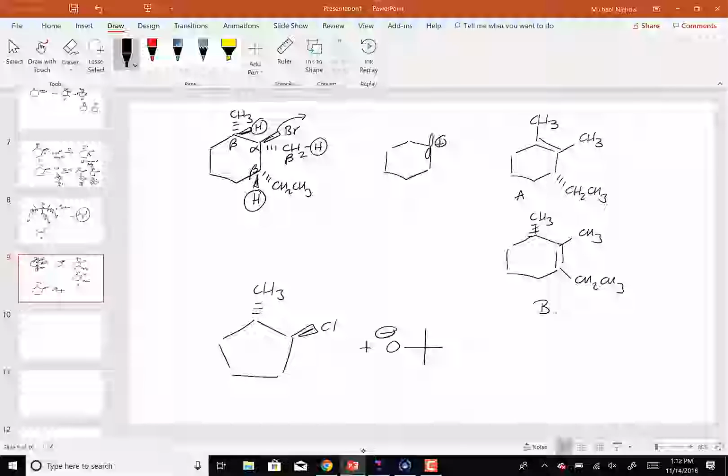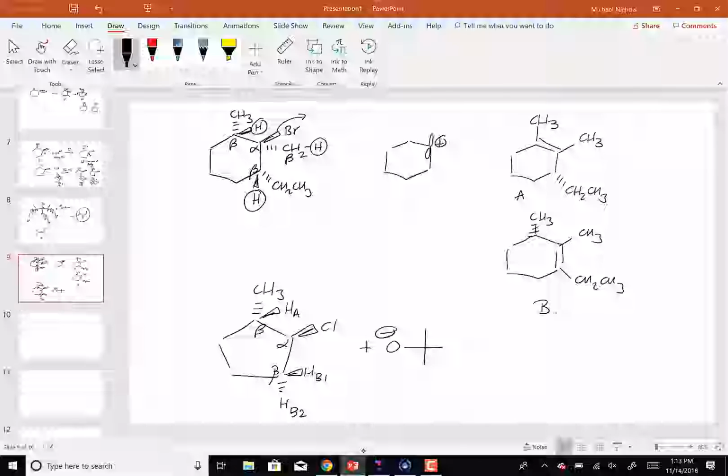Alpha, beta. Alpha, beta, beta. Let's look at the beta hydrogens. There are 3 beta hydrogens: 2 on the top carbon, 1 on the top carbon, 2 on the bottom. Let's call this one A, this one B1, and this one B2.